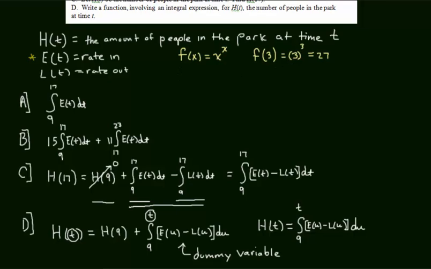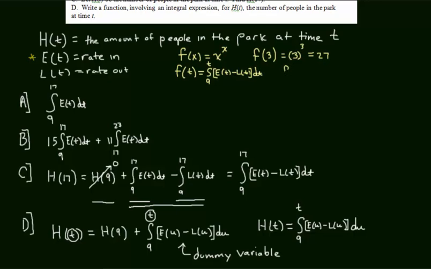Now consider this function. F of t equals the integral from 9 to t of e of t minus L of t. In this case, I don't have a dummy variable.